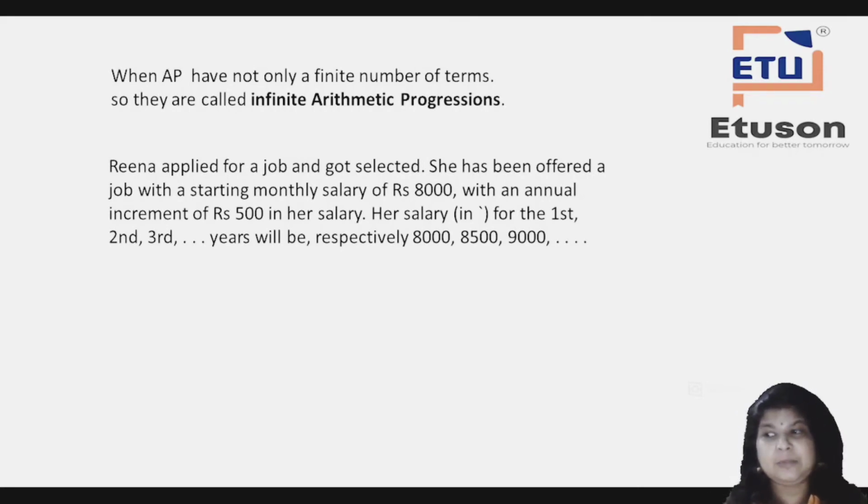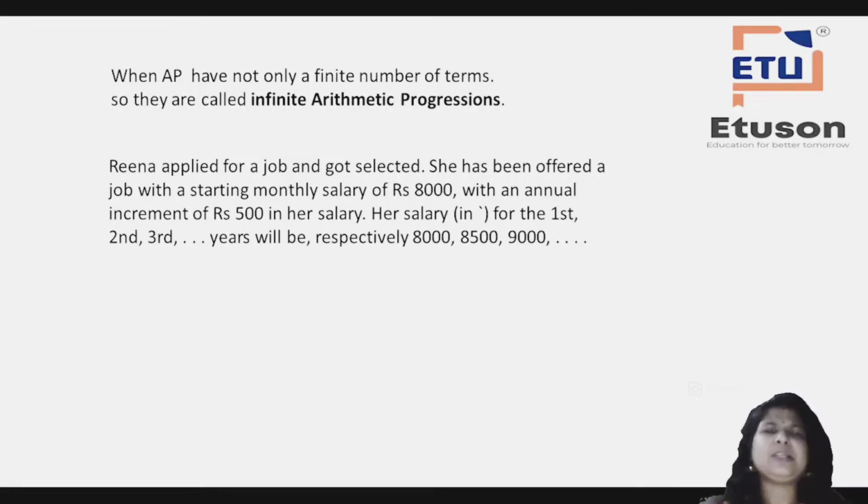Each time it will be increased by 500 rupees. So it will be 8,500, 9,000, 9,500, then 10,000, and so on. It will continue until Rina leaves the job, and we don't know when that will be. So it is an infinite arithmetic progression.